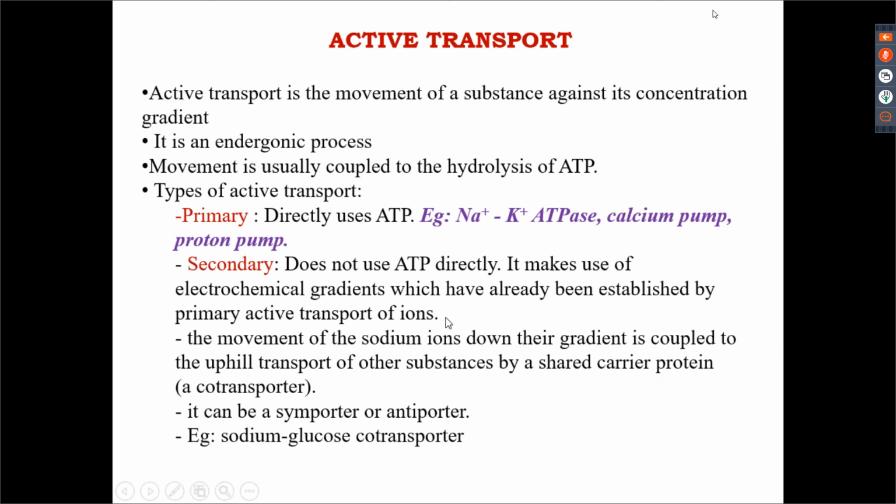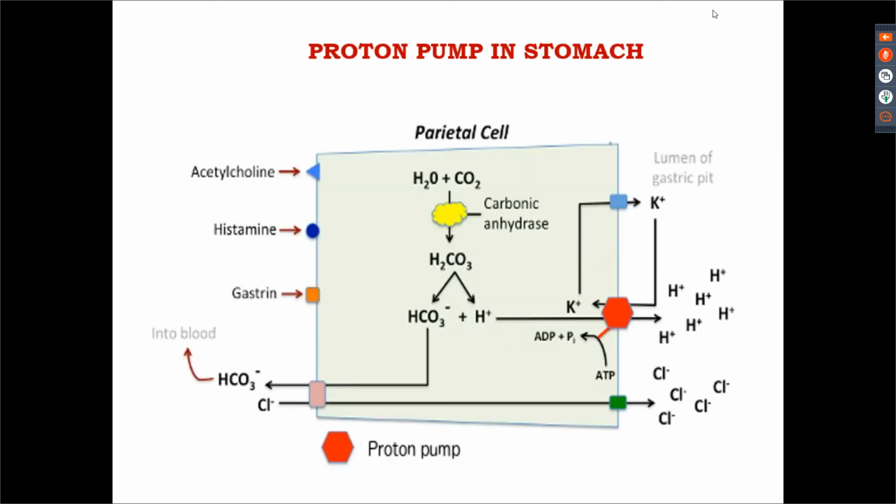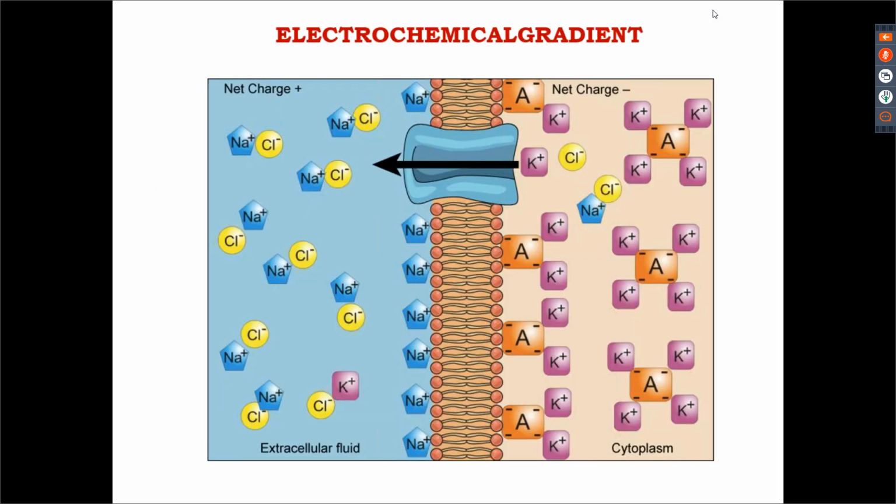So I hope you all know what an electrochemical gradient is. I'll just briefly explain what it means. Suppose this is a sodium potassium ATPase, and it is transporting sodium from inside to outside, and potassium from outside to inside.